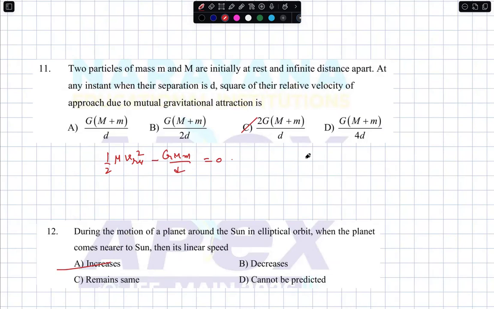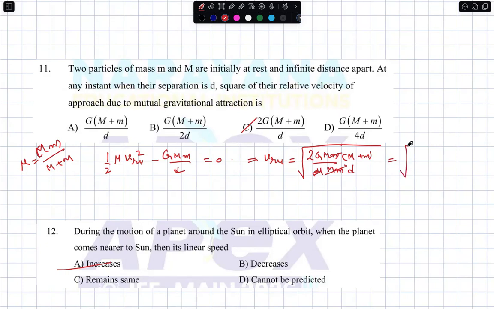So therefore, in this case, v relative squared will become 2G capital M small m by mu. Mu means reduced mass, capital M small m by capital M plus small m. So finally, this should be the answer.